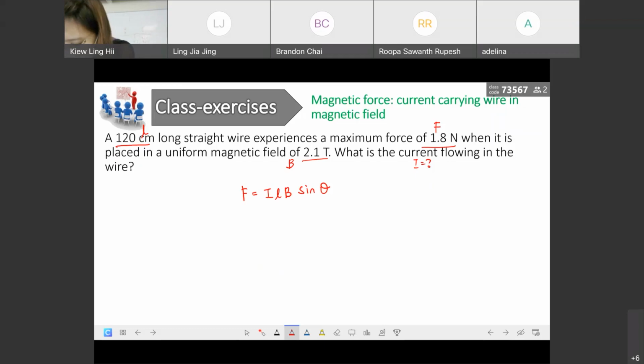Maximum means that theta equals 90, and sine 90 equals 1. So force 1.8, I unknown, 120 converted to SI unit. The answer is 0.71 ampere.